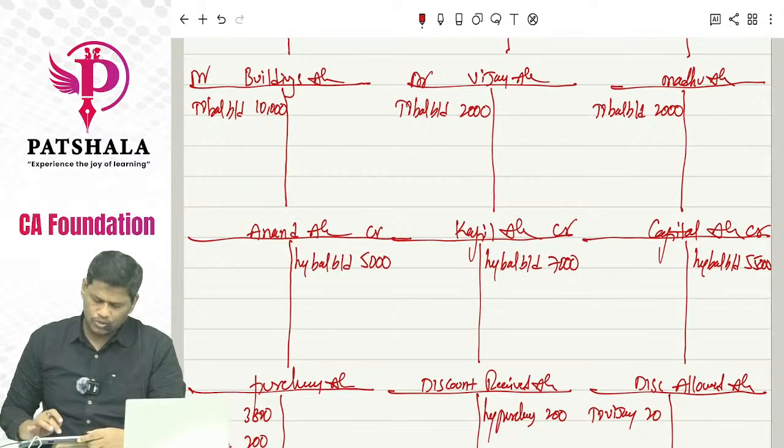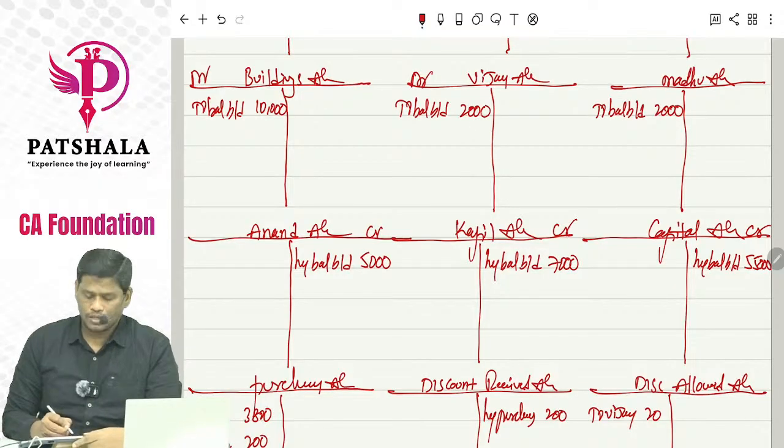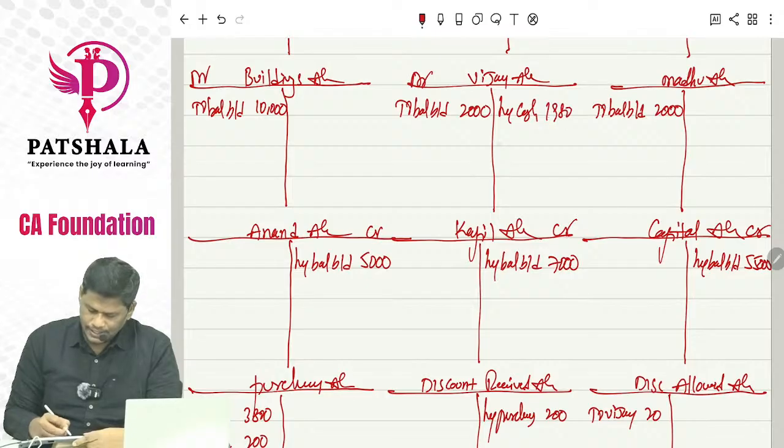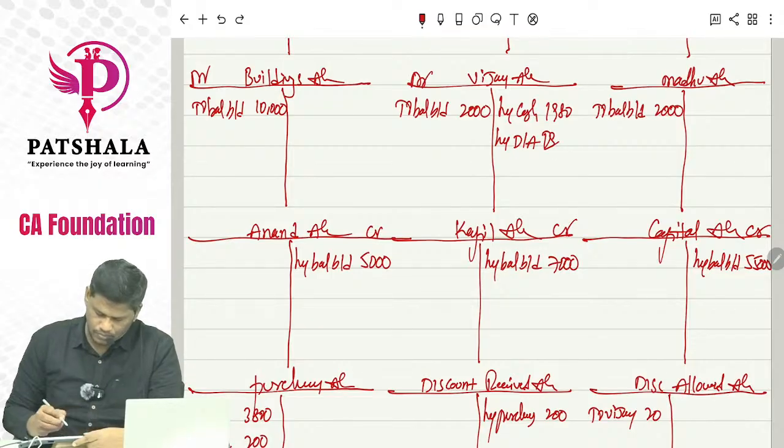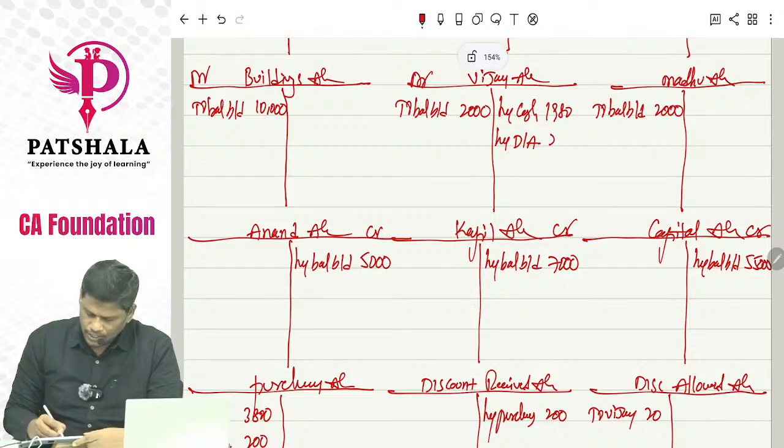Go to Vijay account. See here everyone. How much was Vijay? 2,000. Now by cash 1,980. By discount allowed 20.